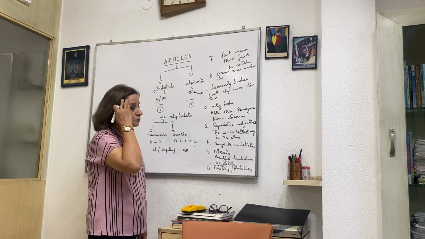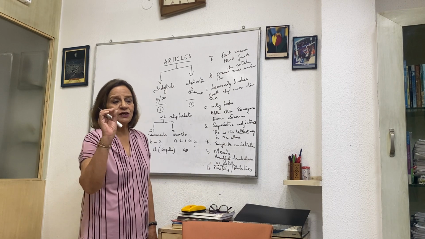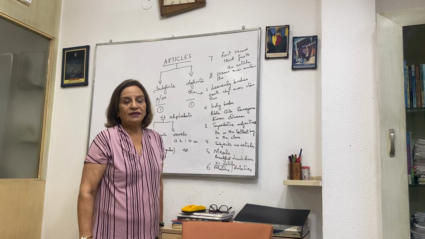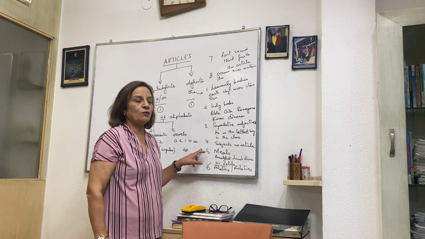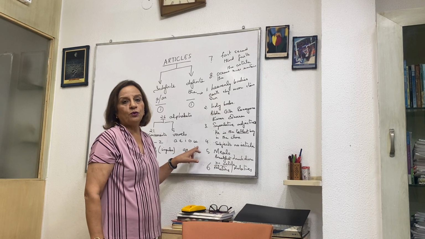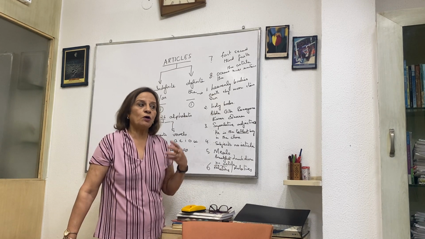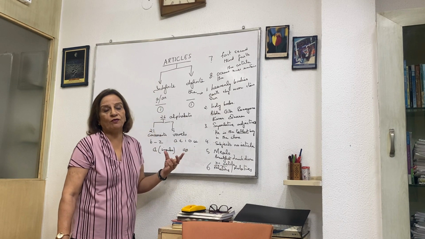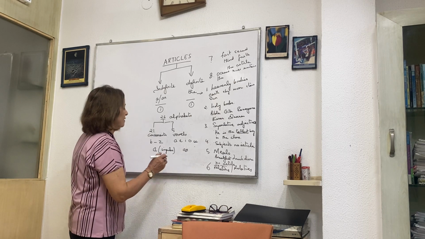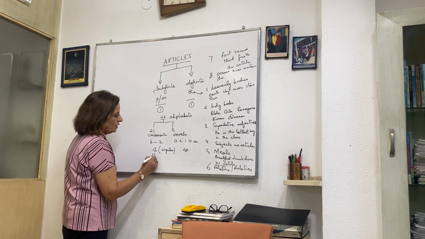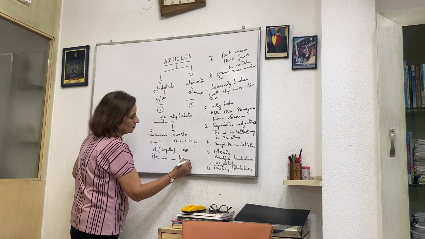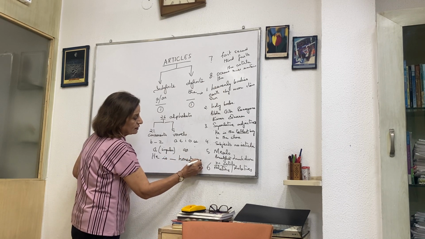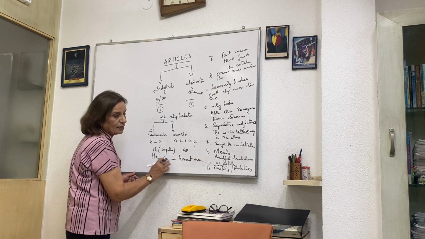Now, before I end my class, let me tell you one small thing. There are some exceptions. Now vowels, the sound A, E, I, O, U. But sometimes some consonants have the sound of a vowel. For example, I say, he is honest man. Now because man is a noun, so article has to come.